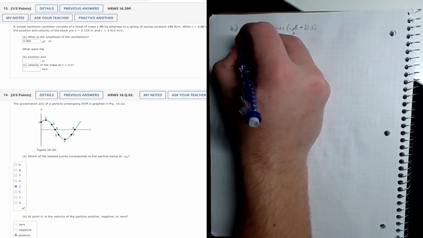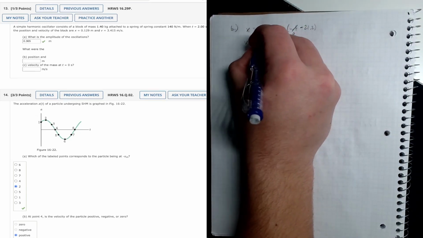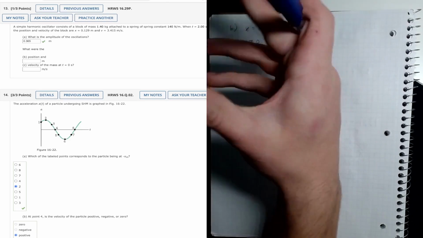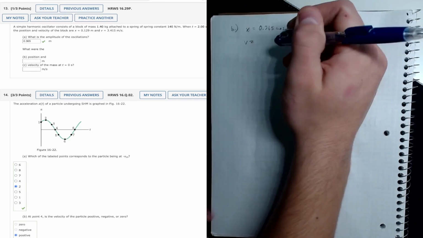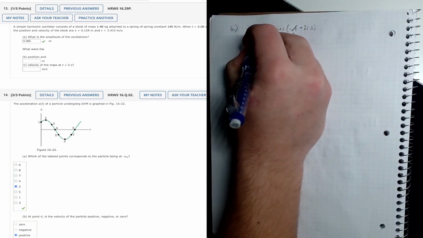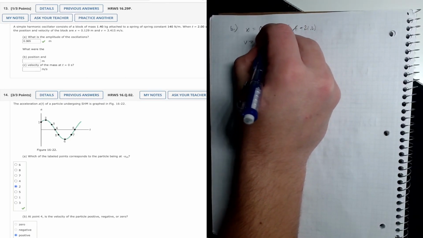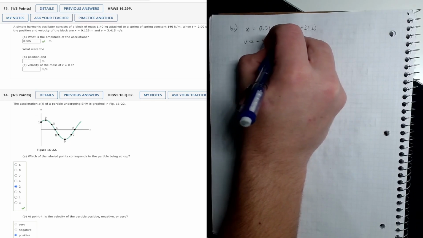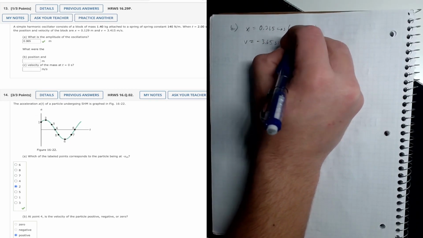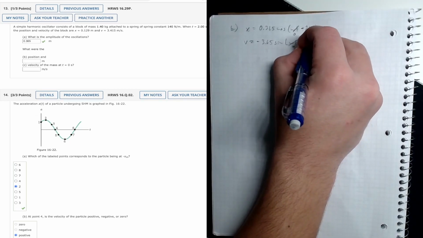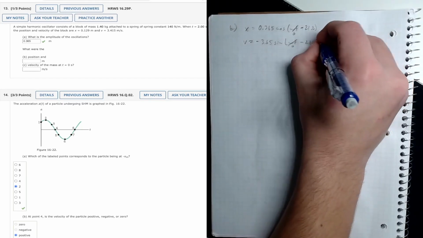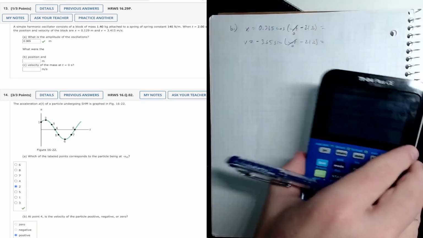And then velocity is going to be negative 10 times this, which is negative 3.65 sine of wt, which is 0, minus 21.2. Now just do those out.